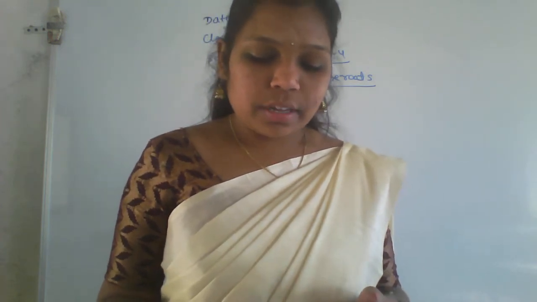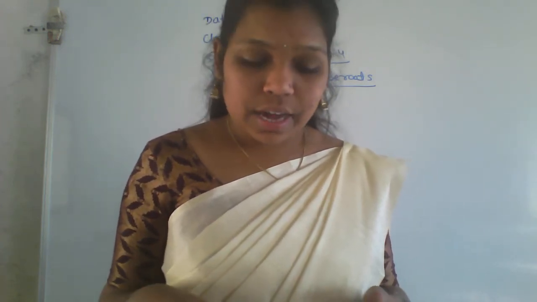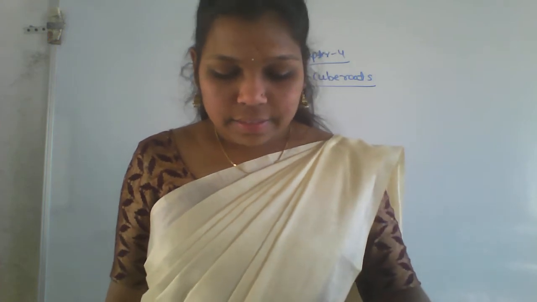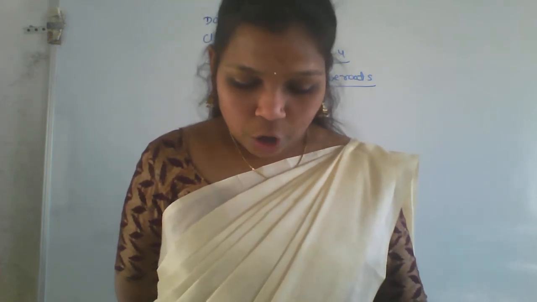See the figure, page number 55. To obtain the cube of side 2 units, we need 8 cubes of unit side, and if we need a cube of 3 units, then we need 27 unit cubes.